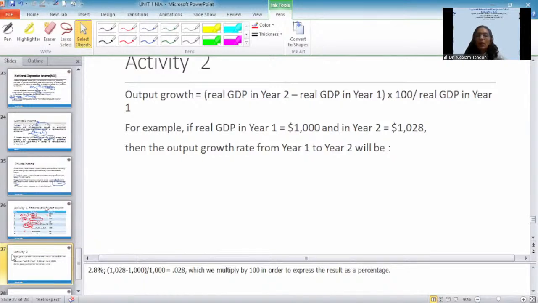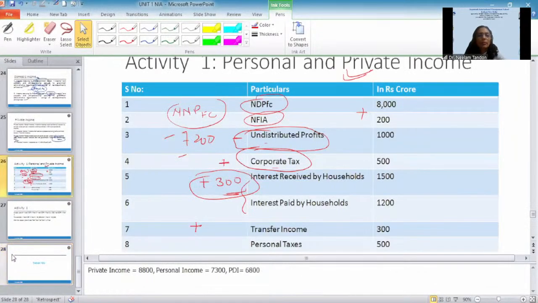It will be 0.028. And if you multiply it by 100, you get 2.8%. So the GDP growth rate will be 2.8%, which you can calculate in percentage here. That is all about this.